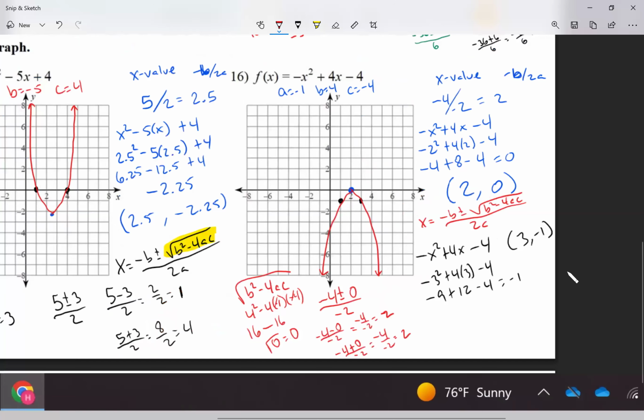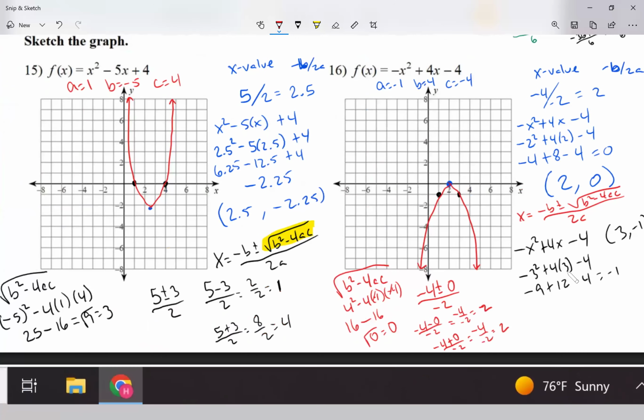So you need to find your vertex and you need to find your x-intercepts. If by any chance you either get only one x-intercept or 0 x-intercepts, because that can happen, like in number 16, then you've got to come up with another value of x. You have your vertex. Remember how my vertex was that the x value was 2, and I pick a number close to 2. Okay, that should be good.